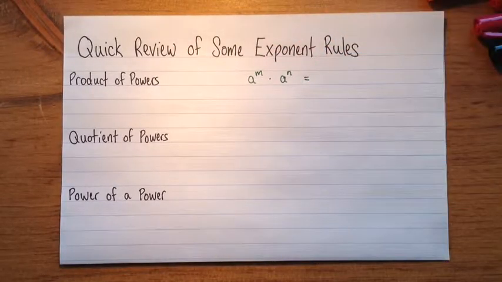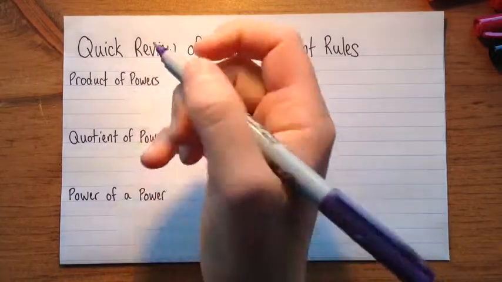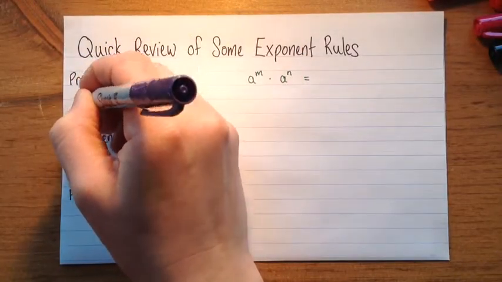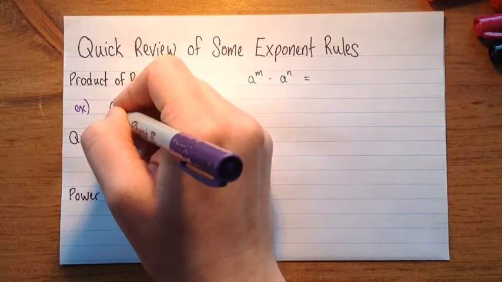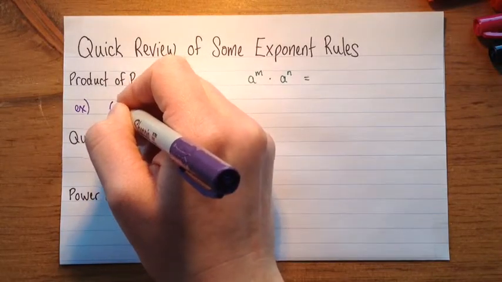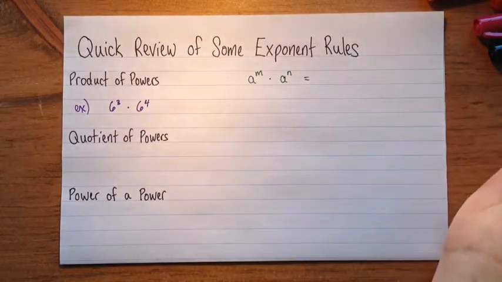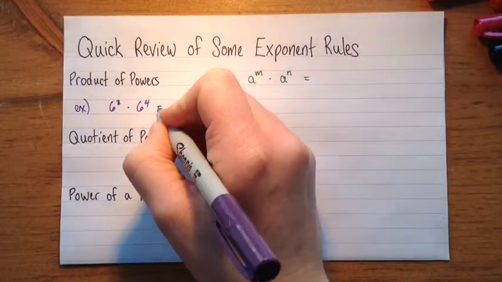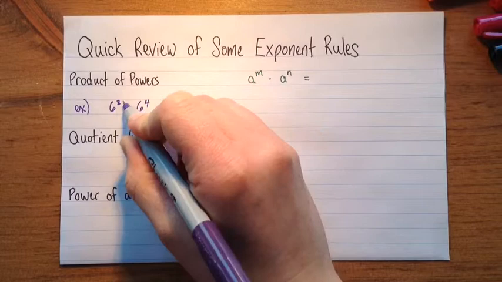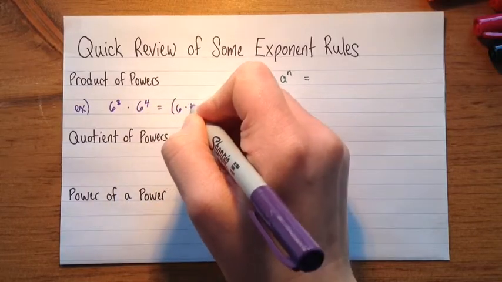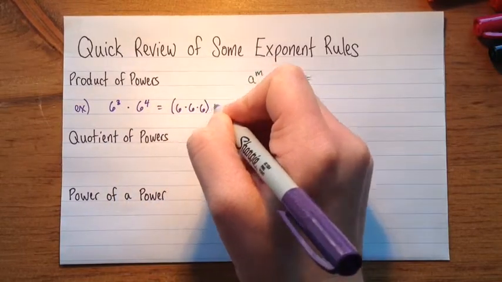So let's look at an example here. Suppose we had something like 6 to the exponent 3 times 6 to the exponent 4. How would we simplify that? Well, we can look at what happens if we do that. So 6 to the exponent 3 means 6 times 6 times 6.